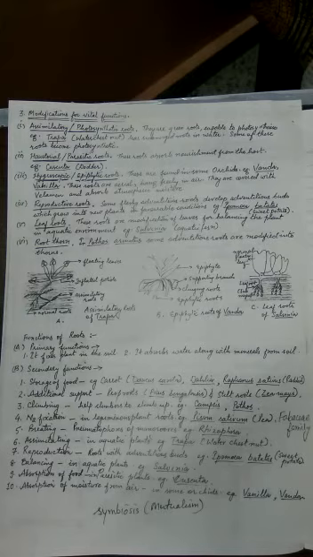Example, orchids. Orchids develop a special type of roots which hold the plant to the branch of a tree where they are growing in tropical moisture-containing air. That air carries enough moisture, so they have velamen type hygroscopic roots which absorb the moisture from the air. Example vanilla, example Vanda.